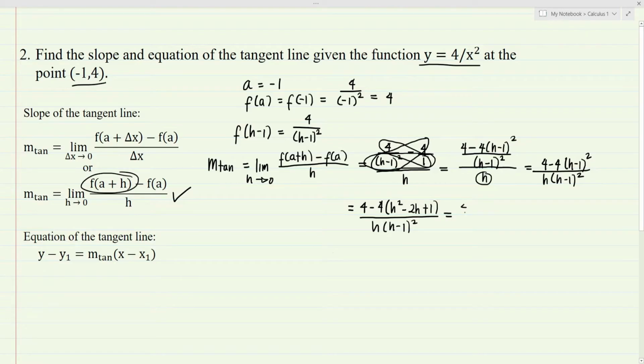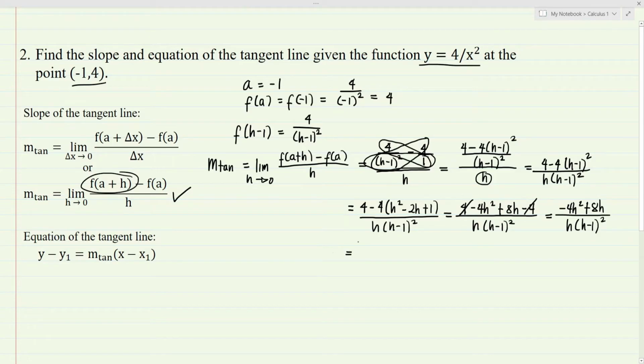I would have 4 minus 4h squared plus 8h minus 4, all over h times h minus 1 squared. I can simplify this 4 and negative 4. So I will be left with negative 4h squared plus 8h divided by h times h minus 1 squared.